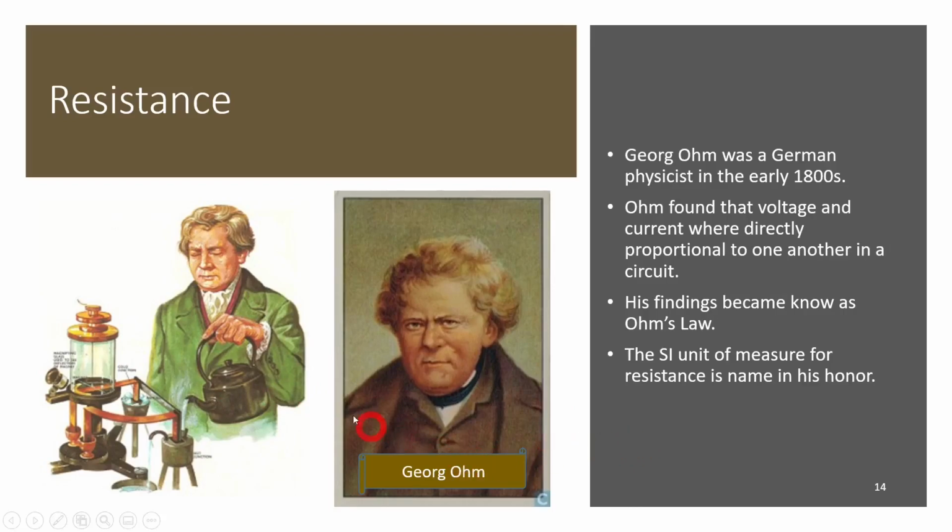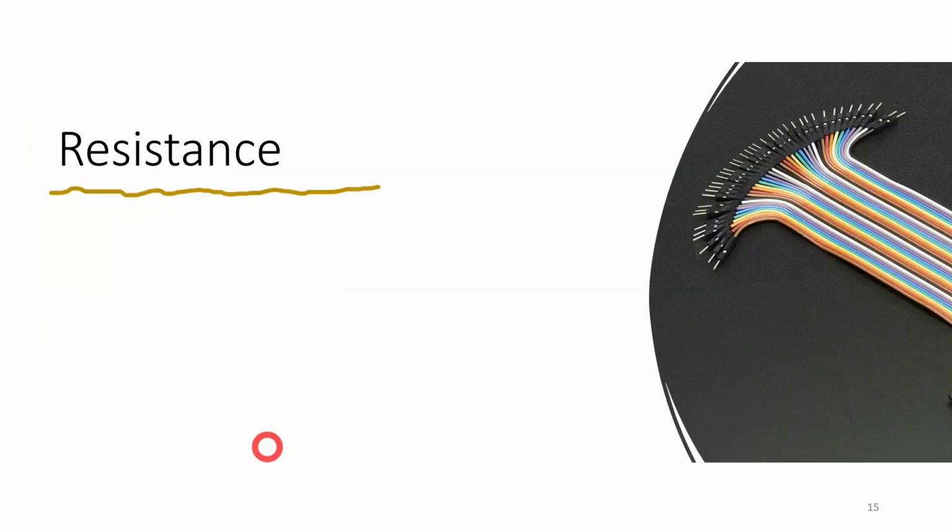Because of this experiment that he was doing and all the data that he was recording, and he later found this phenomenon called resistance, the System International unit for resistance was named in his honor. And so resistance will be measured in ohms after his last name.